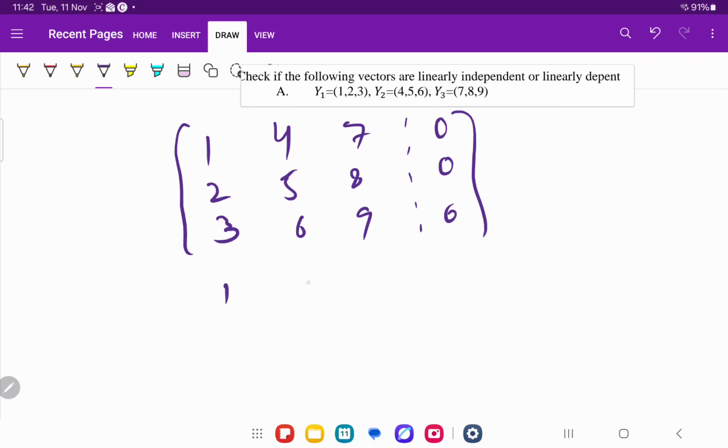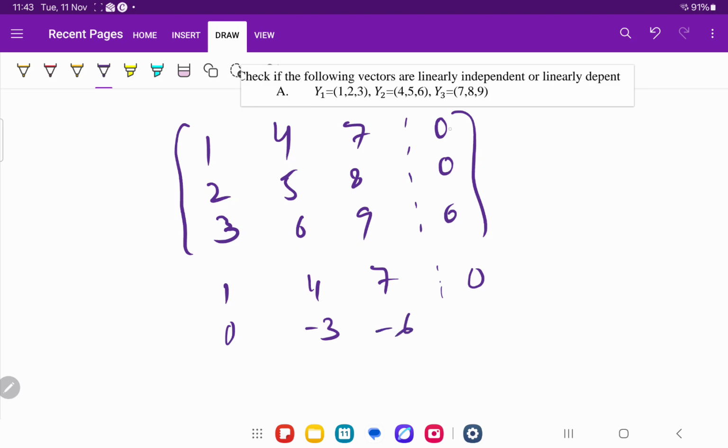What should be the row operation? The first row will remain the same. The opposite sign of 2 is minus 2. Minus 2 plus 2, answer is 0. Minus 8 and 5 minus 3, minus 14 and 8 minus 6.